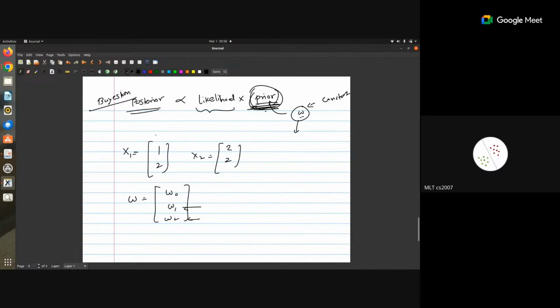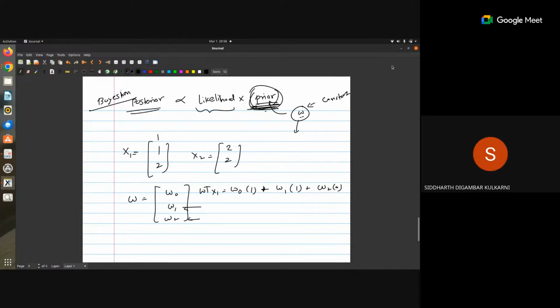If you add 1 here, this will look like W0 into 1, plus W1 into 1, plus W2 into 2. I'm just giving an example to understand it. What is this? This is W transpose X1, the prediction for X1.